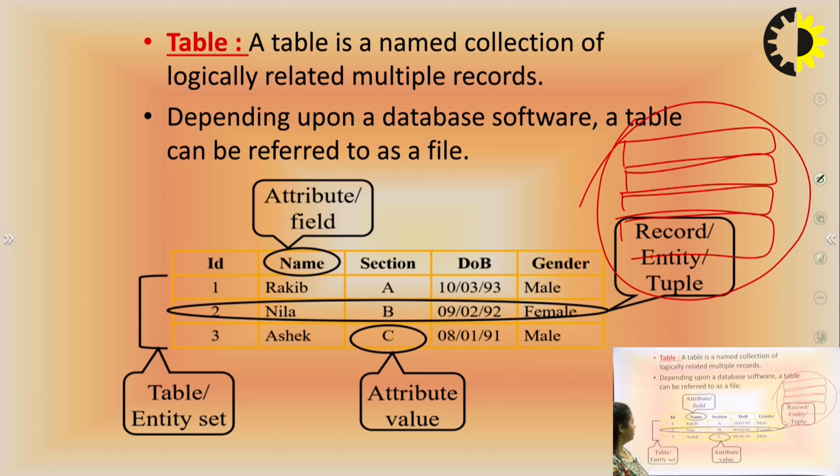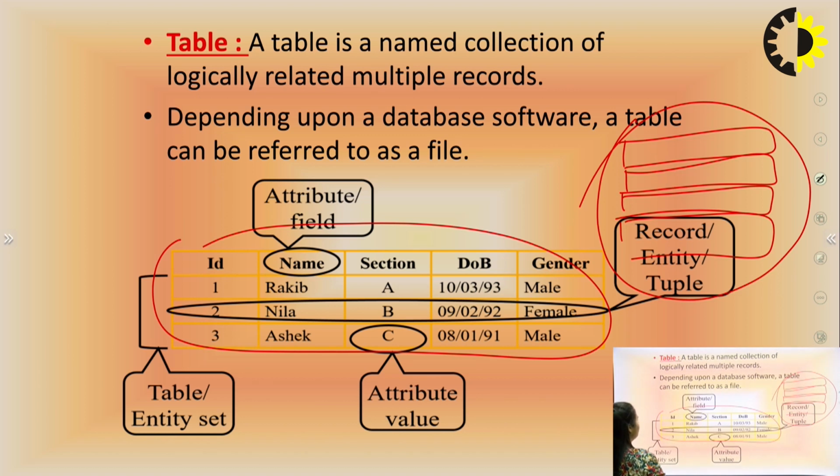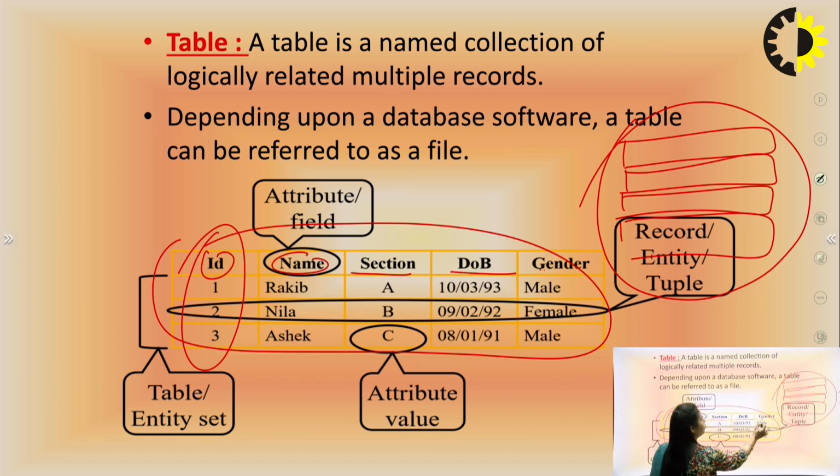In this example, you may see this is a complete table. This is known as the table or entity set, and these are the fields or columns. ID, name, section, date of birth, gender are known as the attributes or fields, these are the attribute values, and ABC is the domain of this particular table.